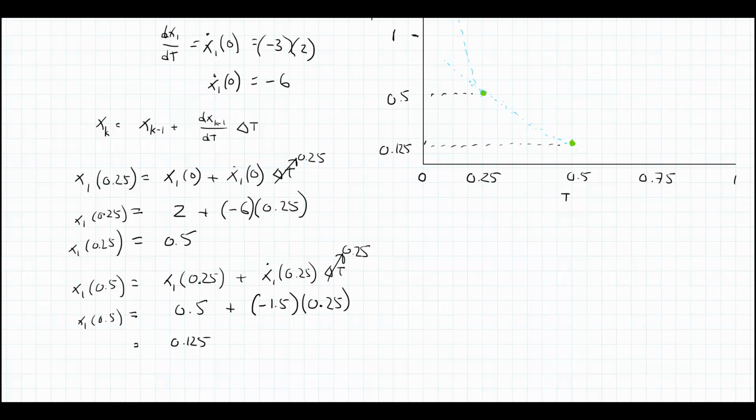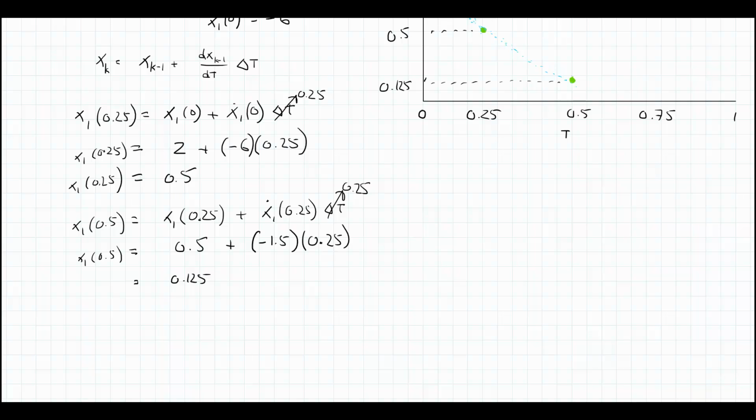Okay, so let's repeat that. I want to know what's happening at 0.75 seconds. So that is my value at the previous time step, 0.5, plus my x dot at 0.5 seconds times delta t, which again is 0.25 here. So what was my previous value? 0.125 plus x dot at 0.5 seconds.